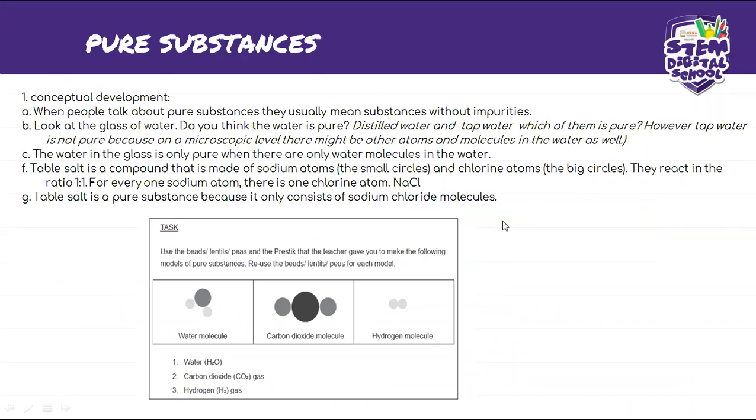All right. Let's look at the conceptual development. When people talk about pure substances, they usually mean substances without what? Impurities. If we take a look at a glass of water, do you think the water is pure? Yeah.